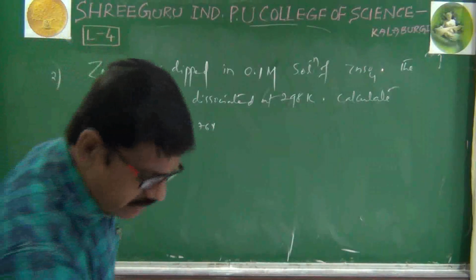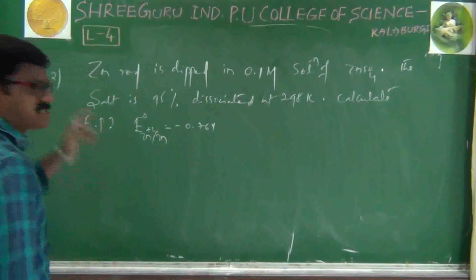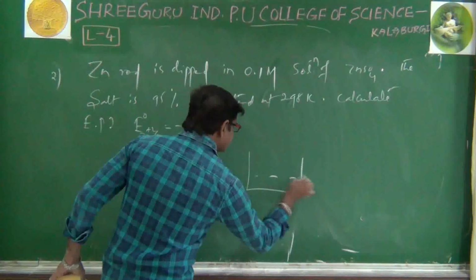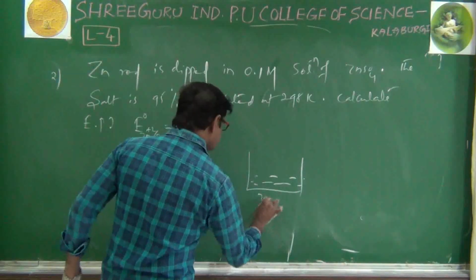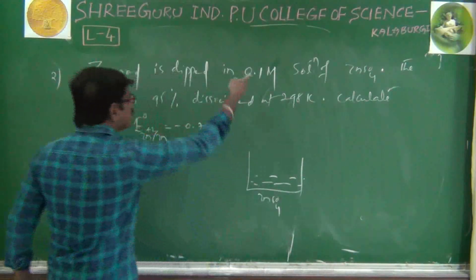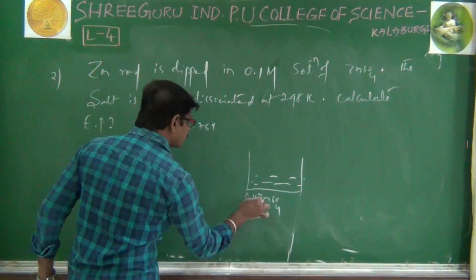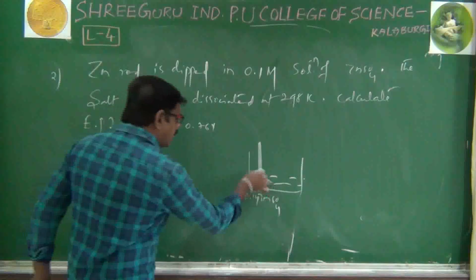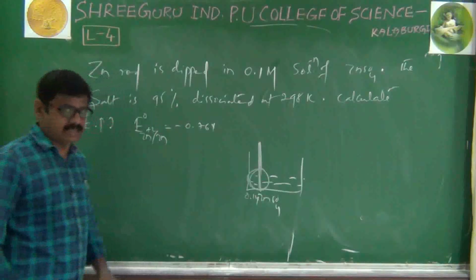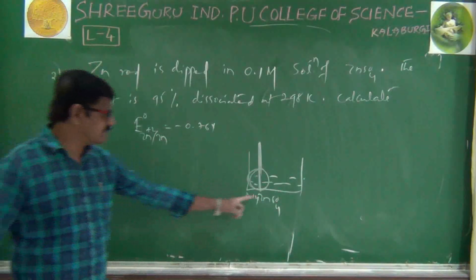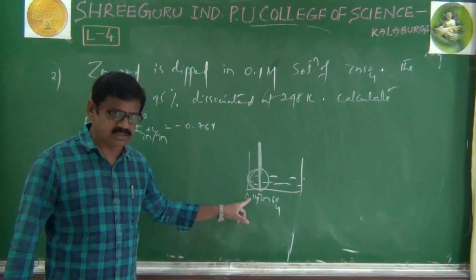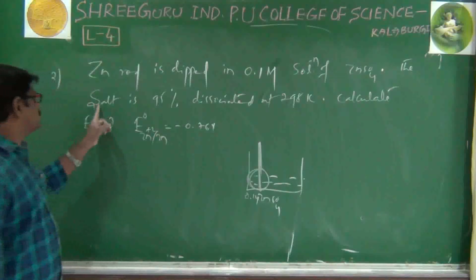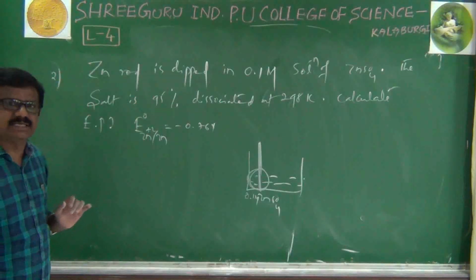See the question here: a zinc rod is dipped in zinc sulfate solution, and the zinc sulfate solution concentration is 0.1 molar. There is no doubt in that. But the important point is that the salt is 95% dissociated.